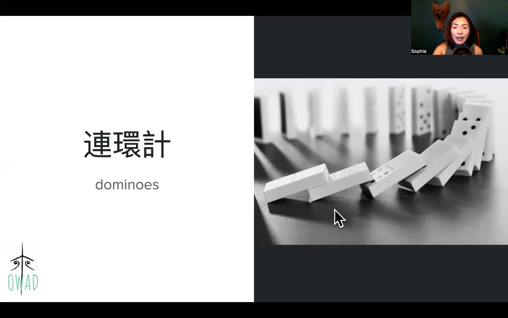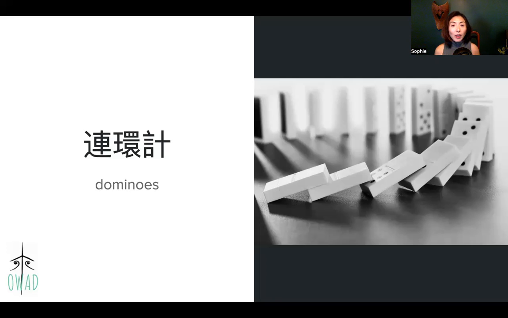So 连环计 is about you thinking about one step, but you place your tactics or your tricks one after another, and you predict what your enemy is going to do. And you probably have hedge moves as well. If it goes to A, you will have a way of playing it out. If it goes to B, you have another way to play it out. But in any case, it's a pre-planned sequence of steps so that you can eventually defeat your enemy.